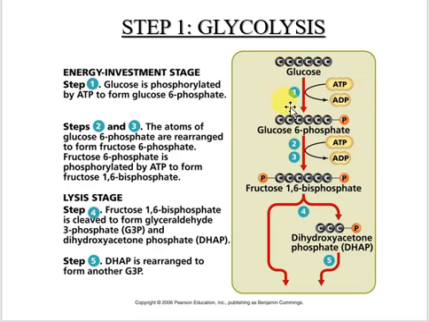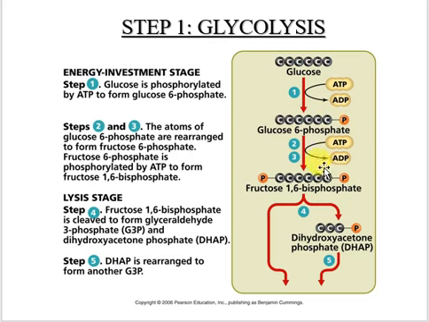So in the first stage, again, you have to invest 1 ATP molecule to allow for this glucose to be phosphorylated to form glucose 6-phosphate, which is this same 6-ringed glucose molecule, but it has an additional phosphate group attached to it.